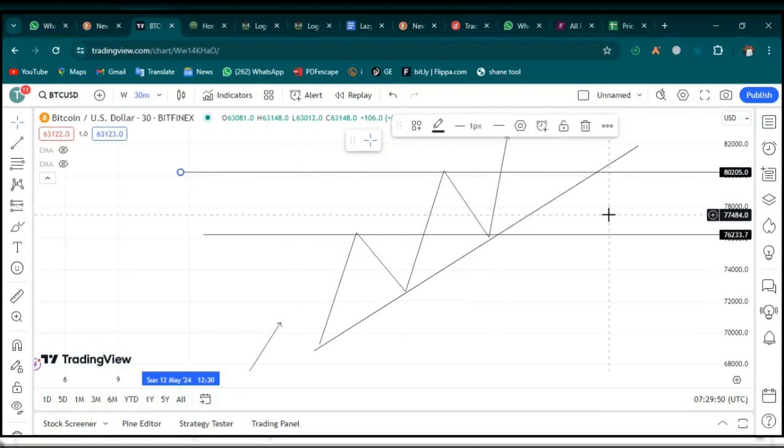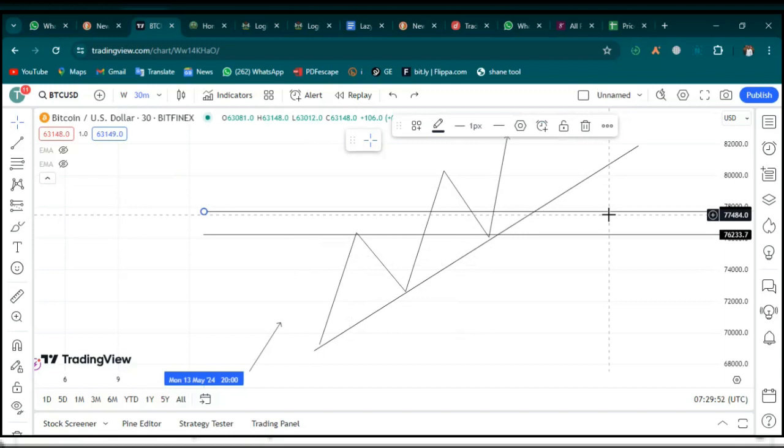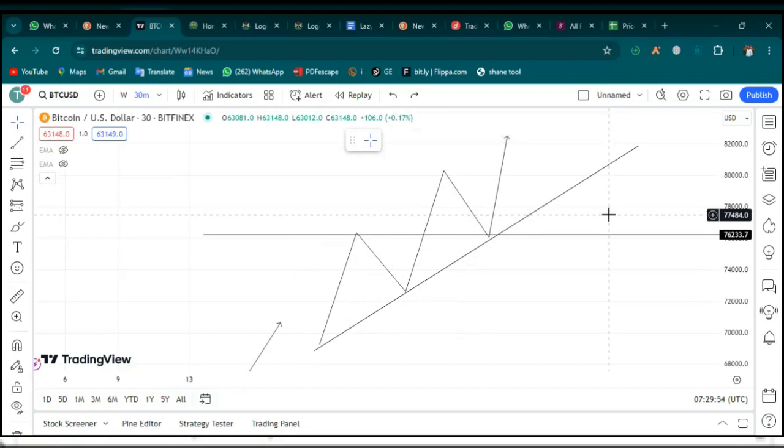But when it comes to support and resistance for a trend line, it is diagonal. That's the only difference. They do the same thing, but right now it's a diagonal, and it is not focused on the movement, it's actually focused on the trend, and that's why it's called a trend line.